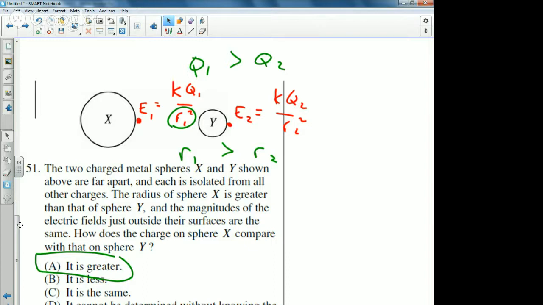You guys still want to continue with this packet? Or do you guys want to start something else like torque? How many people want me to do torque? None. Okay. How many people want me to finish the rest of the multiple choice? Okay. How many people actually did the multiple choice? How many people attempted? How many people failed the multiple choice?